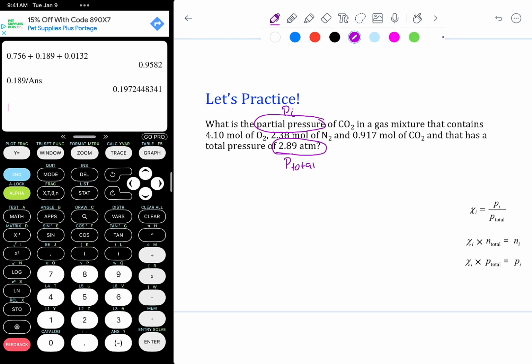So we want to use this equation here. Because I want to find P sub i, I know P total, I just need to find a fraction. Now chi, we said, can either be a mole fraction or a pressure fraction. I don't have any pressures given here that would allow me to find a pressure fraction, but what I do have is mole fractions, and mole fractions are equal to pressure fractions.